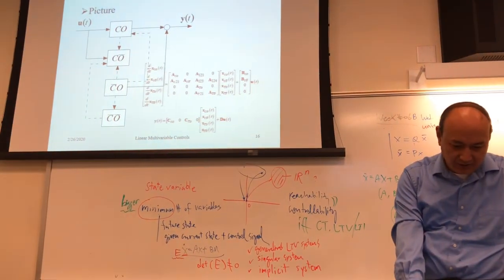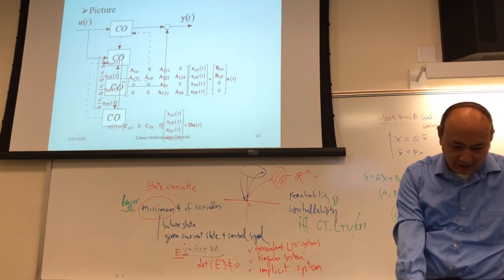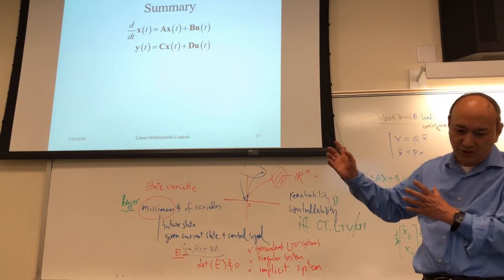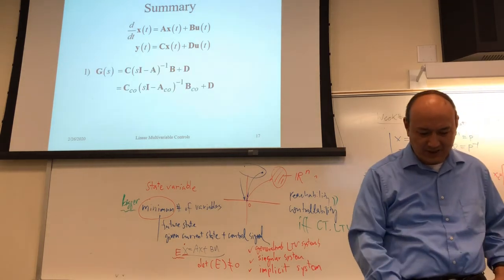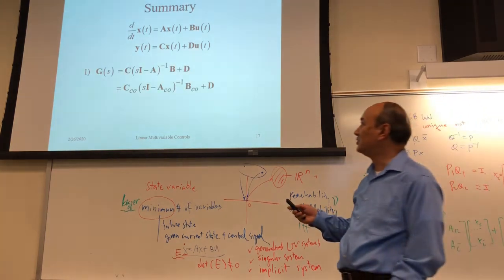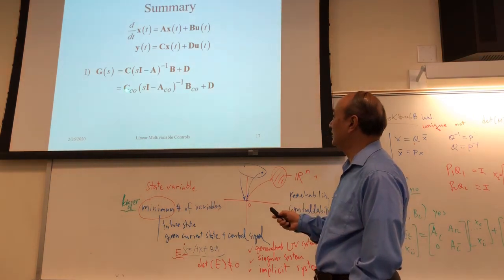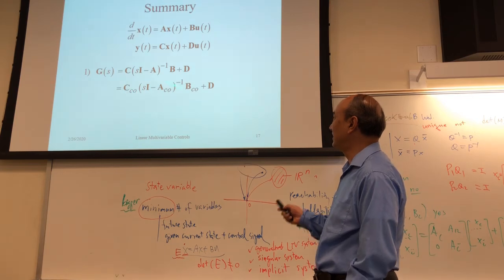So we are going to finish here, and in summary, you are given this one, you can do input output by doing this, but actually you also can do this because you only care about control. They are the same.